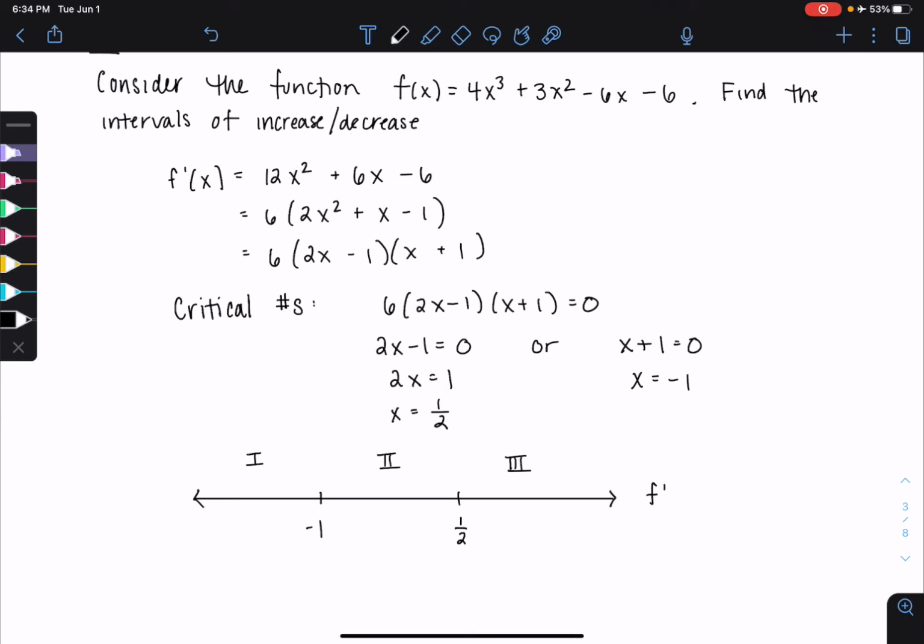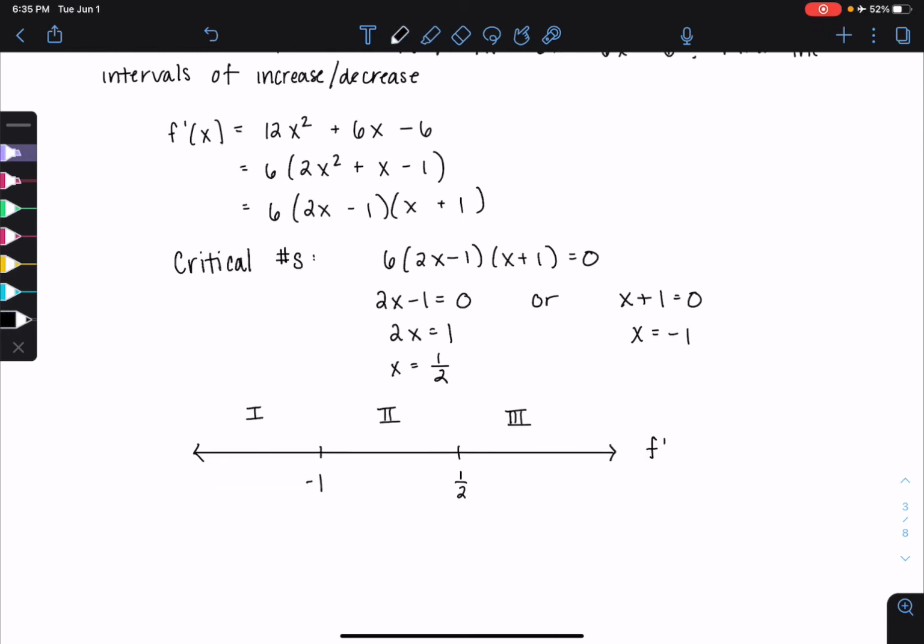I want to pick any number that falls in here and plug it back into this derivative. If that number is positive, then this interval is always going to be positive for my derivative. If it's a negative number, my interval is always going to be negative. That's why we need to find those critical points where it exactly equals 0, because that's our key point. It can split off and change signs.